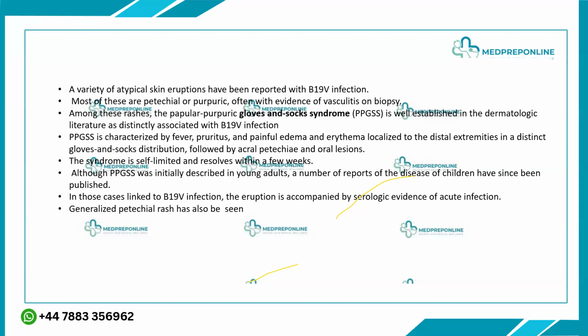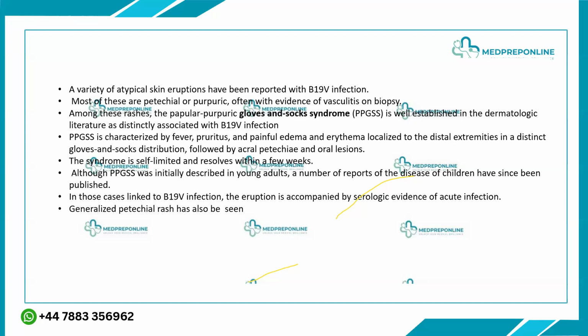Among these rashes, the papular purpuric gloves and socks syndrome is well established, and it is characterized by fever, pruritus, and painful edema and erythema localized to the distal extremities in a distinct gloves and socks distribution, followed by acral petechiae and oral lesions. This syndrome is self-limited and resolves within a few weeks, and it was initially described in young adults, लेकिन बच्चों में भी इसके cases report हुए हैं, so it's kind of rare.